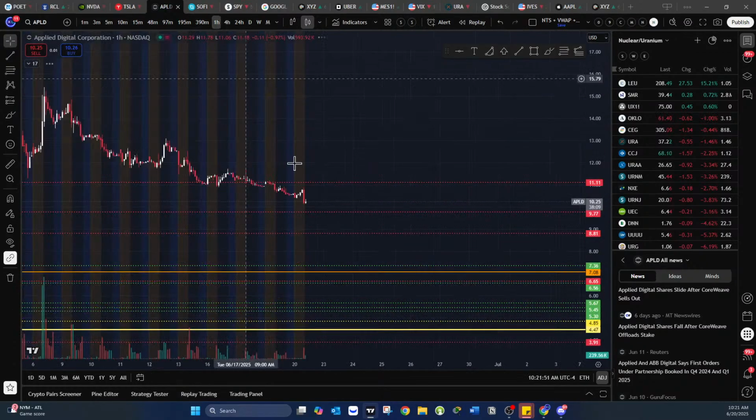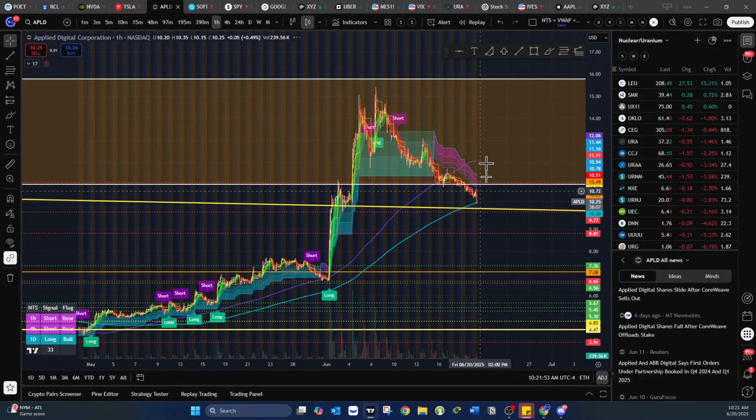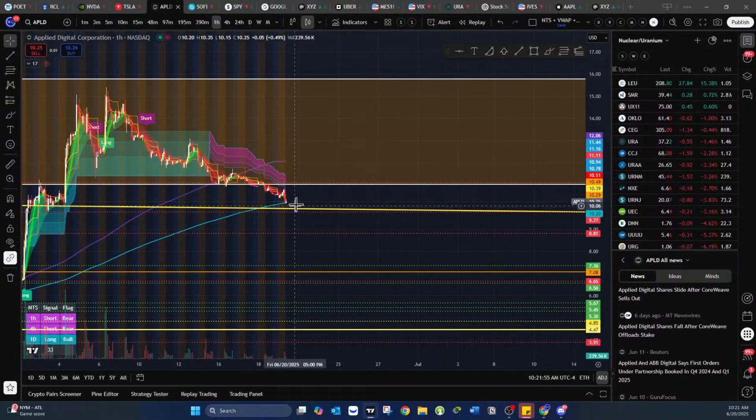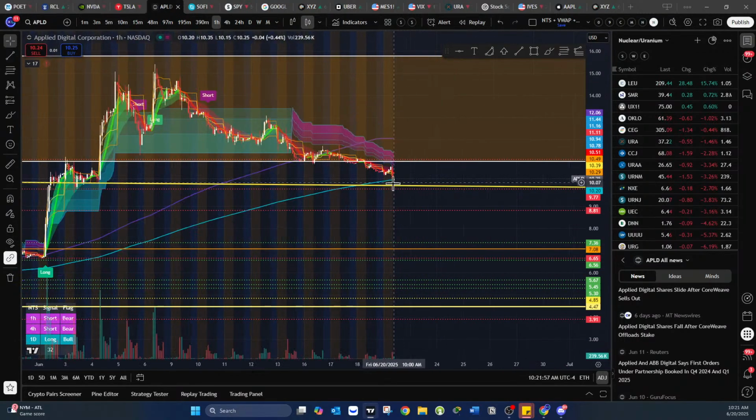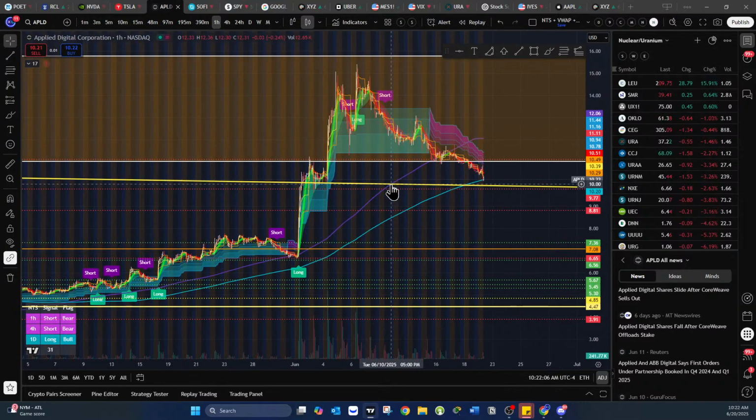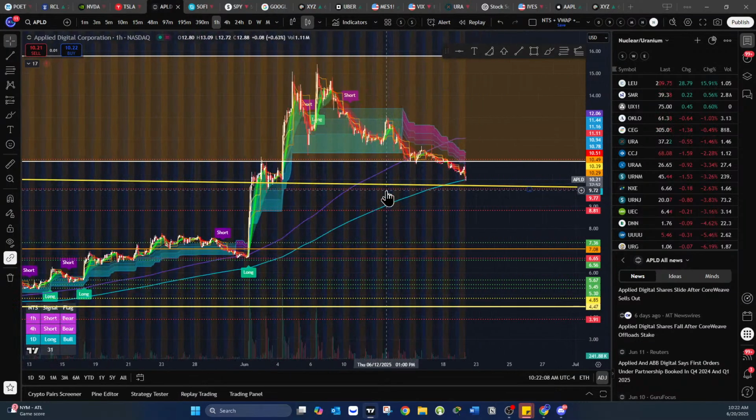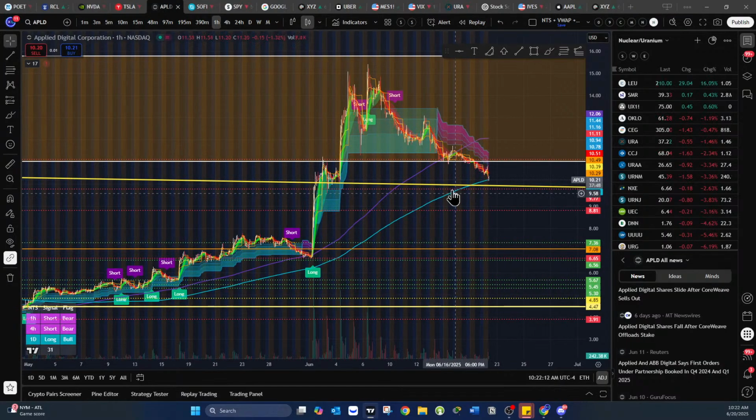Let me zoom in here. Oh my god. Yeah, so this is the only thing that I got going for it: this is the 333 SMA on the 1 hour, which is right at 1020. So it's kind of making me want to take a shot here at longs. Yeah, I'm going to take a shot.